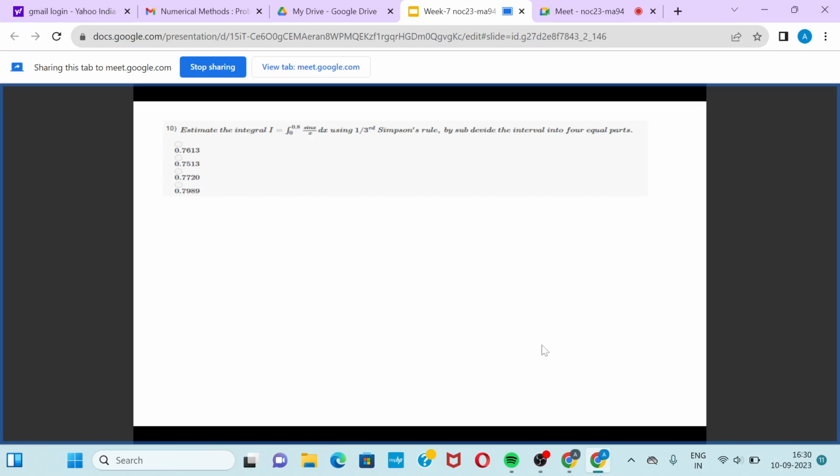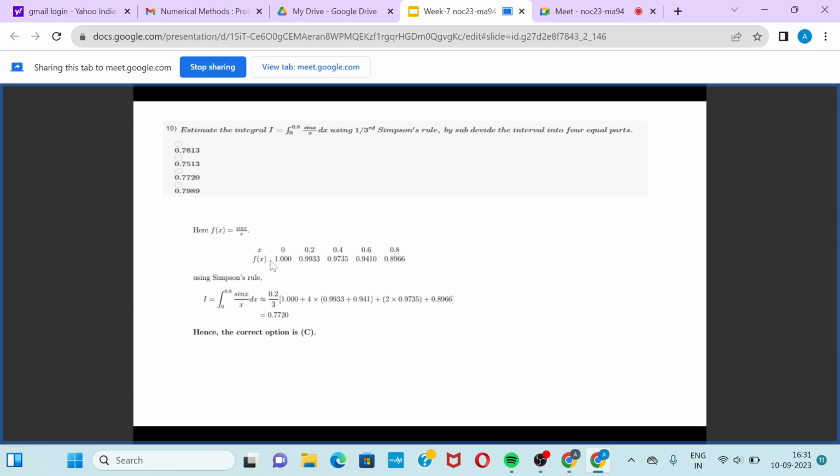Okay, so here f of x is sin x by x, and we have to subdivide the interval into 4 equal parts, that is x0, x1, x2, x3 and x4. So with this we'll get 0, 0.2, 0.4, 0.6 and 0.8.